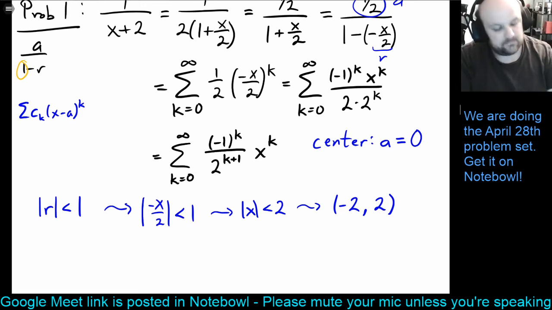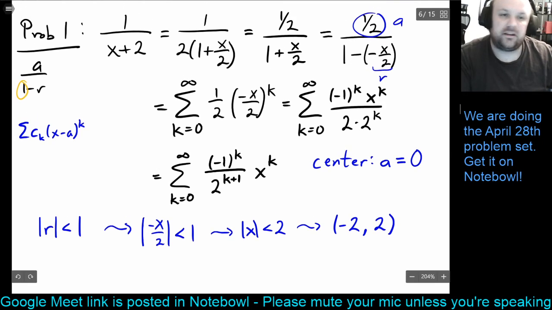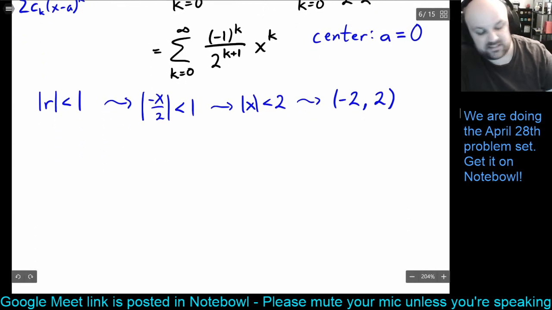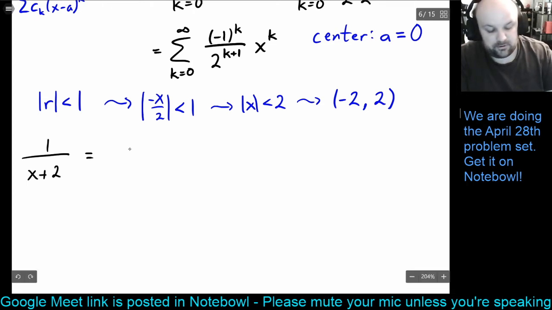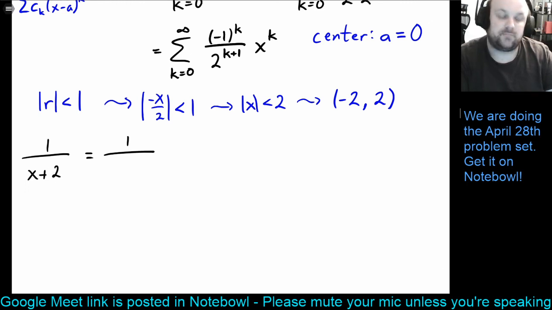Okay. I want to show you another way that we could have solved this problem. I think this is the better way to do it, because this power series is going to be valid on, as it'll turn out, a bigger range than the other one. Here we have x plus 2. Another way you could approach this is to just split this 2 into 1 plus 1.